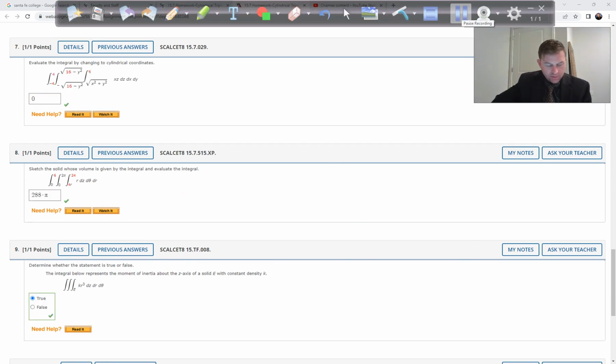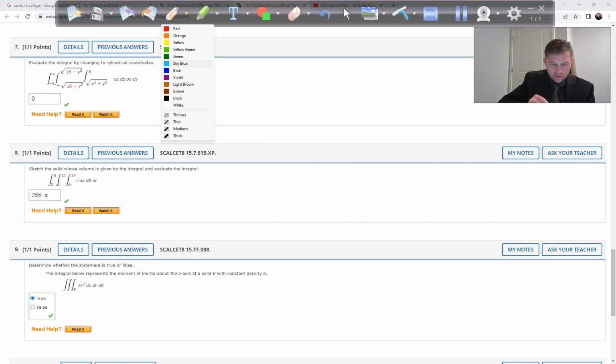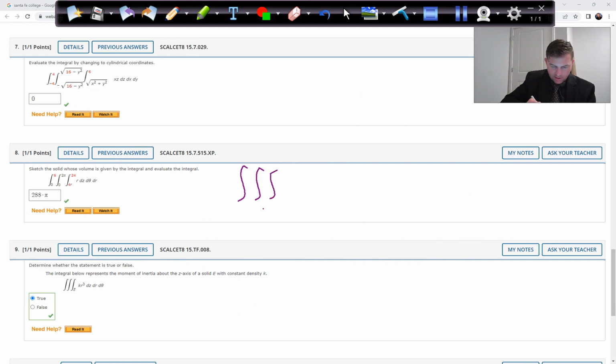The integral below represents the moment of inertia about the z-axis of a solid E with constant density K. So we have some E, and basically we have K times r squared times r dz dr d theta. So this is our density function.